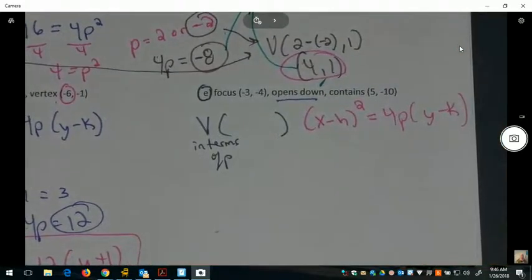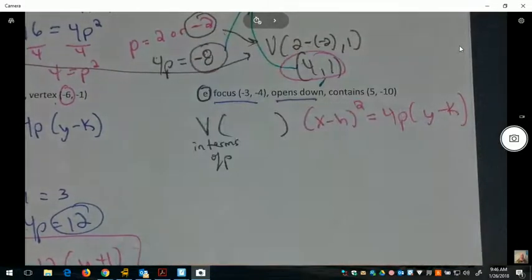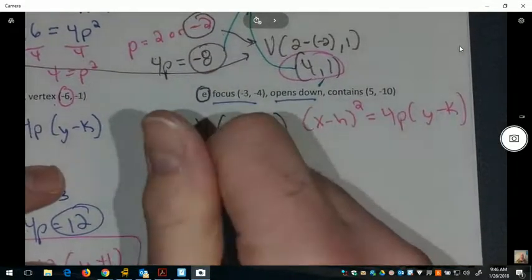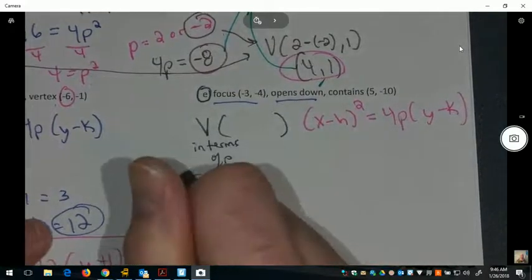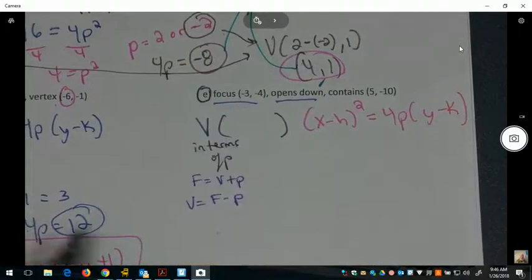Our vertex is related to the focus. Okay? Focus is vertex plus p. So vertex is focus minus p.